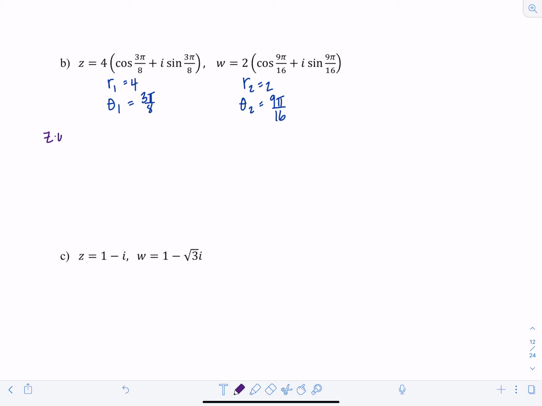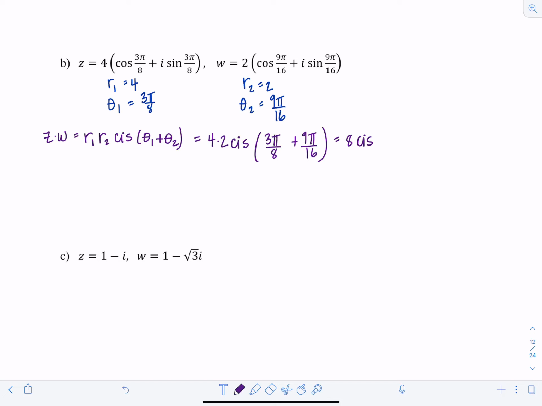So Z times W, that's going to be R1, R2, cis, theta 1 plus theta 2. So that's going to be 4 times 2, cis, 3 pi over 8 plus 9 pi over 16. So that's going to be 8 times cis.